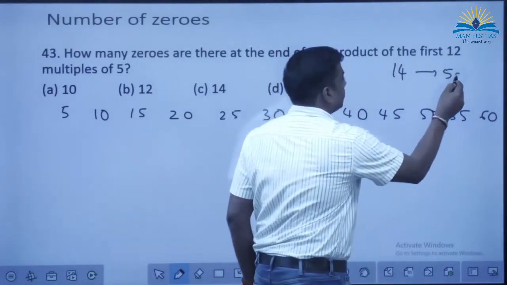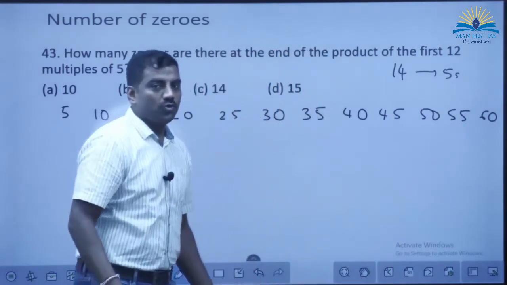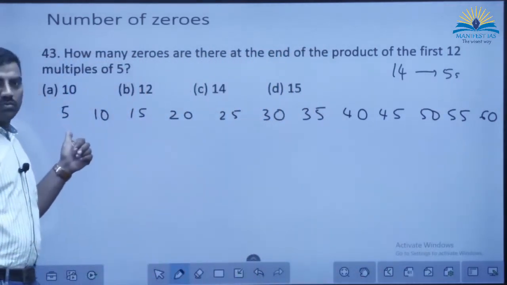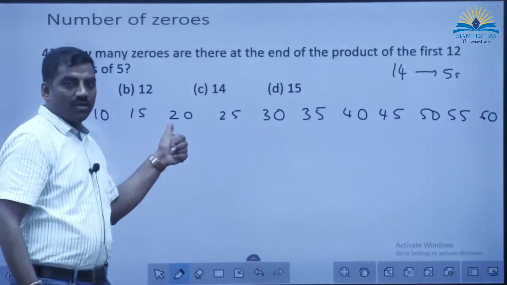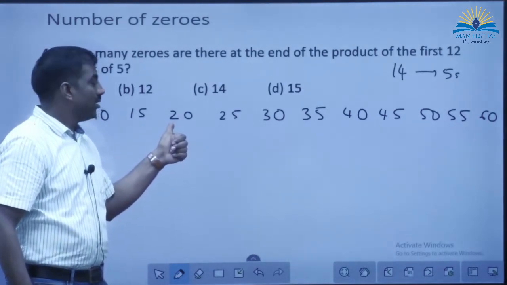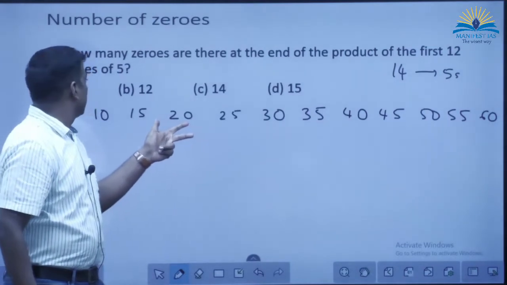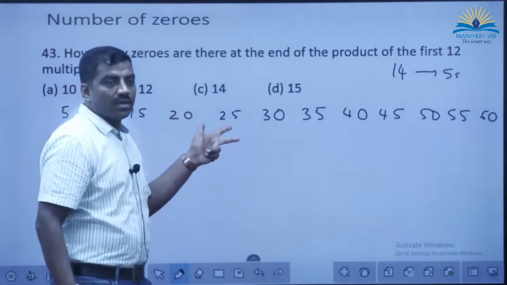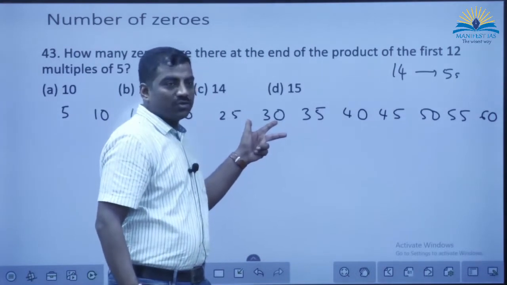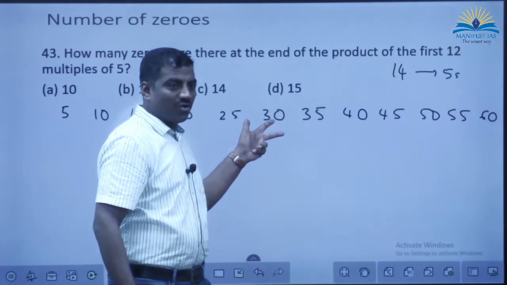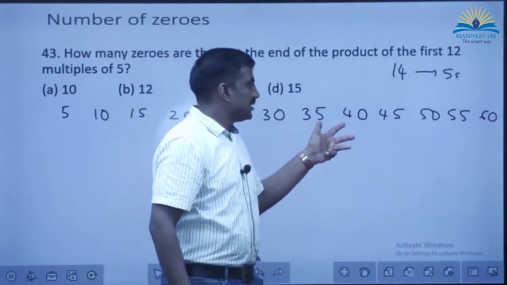14 fives. What about twos? Here no 2. Here 1. Here how many twos? This number is divisible by 2 only, right? Not 4. What about this?